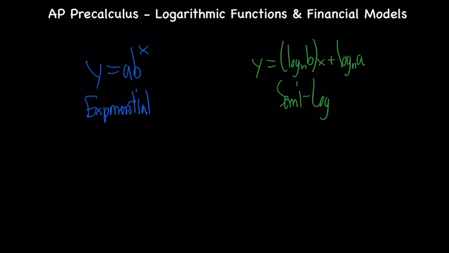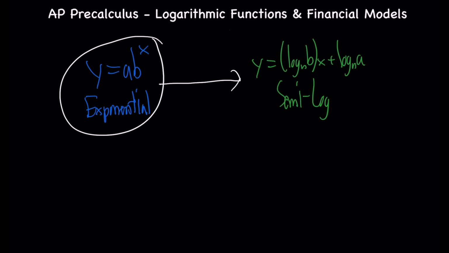Now, the thing about the semi-log is that it's derived from this equation, and I'm going to show you how. So when you have this equation, what you can do here, you can take the log of both sides. So this becomes log of y, and this becomes log of a times b to the power of x.